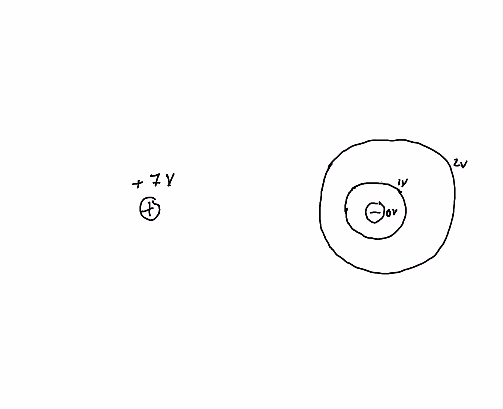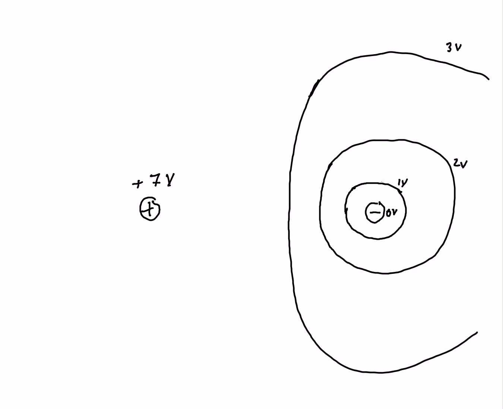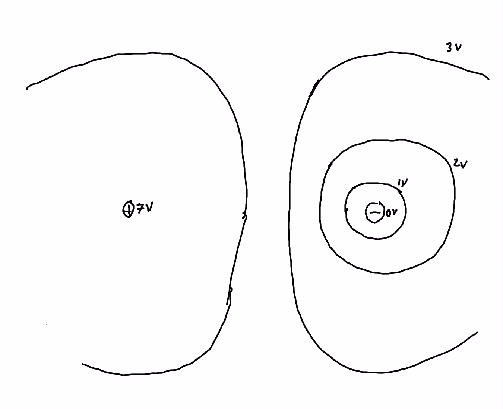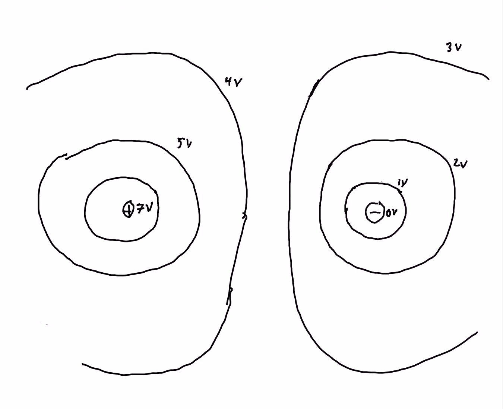So if this circle represents the 0 volt line and this circle represents the 7 volt line, then here's the 1 volt line. Thereabout will be the 2 volt line, 3 volt line around there, 4 volt line is supposed to look the same as the 3 volt line. There's the 5 volt line, and there's the 6 volt line.